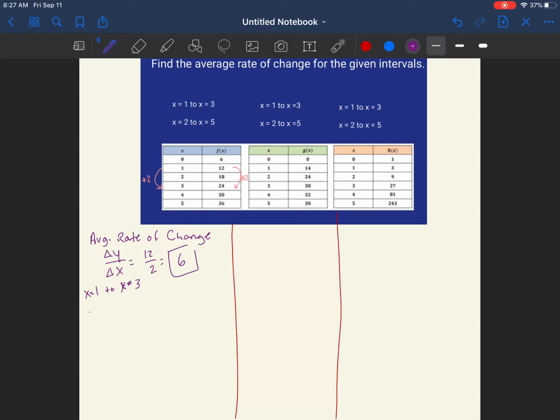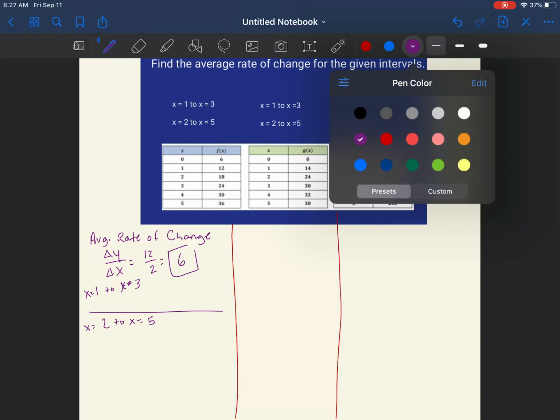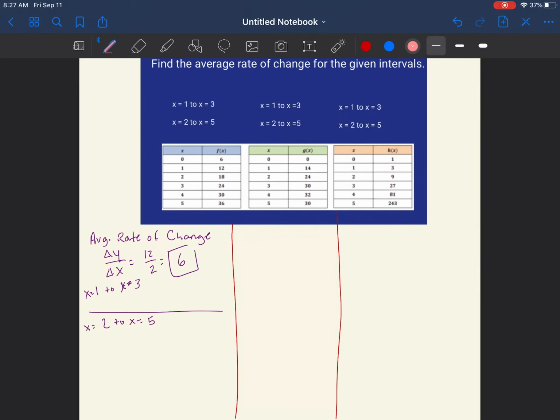Now let's do x equals 2 to x equals 5. Going from 2 to 5 is plus 3. And from 18 to 36, that's plus 18.